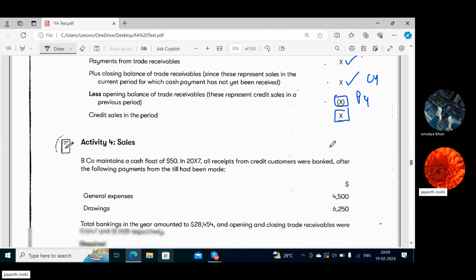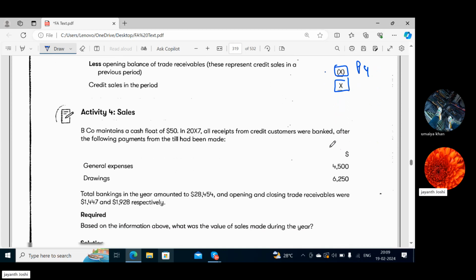B company maintains a cash float of $50. What do we mean by float? Float means they always maintain a balance of $50. In 2017, all receipts from credit customers were banked. That means whatever amount we receive from customers, we immediately deposit into the bank after the following payments from the till have been made: general expenses and drawings.